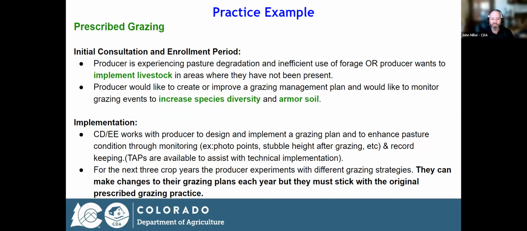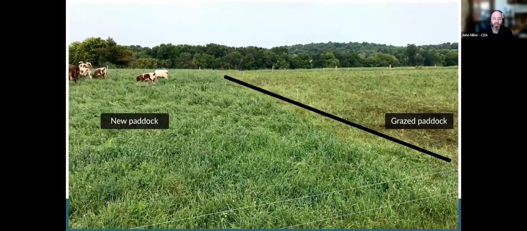For the next 3 years, 3 crop years, the producer would experiment with different grazing strategies. They can make changes to their grazing plans each year, but again, they must stick with the original prescribed grazing practice. And here is just a picture of some paddocks, grazed and new.